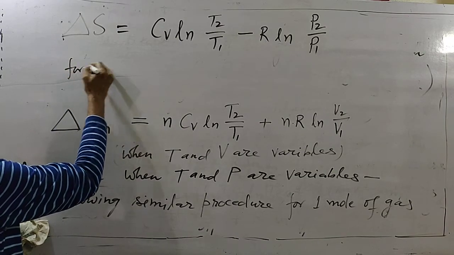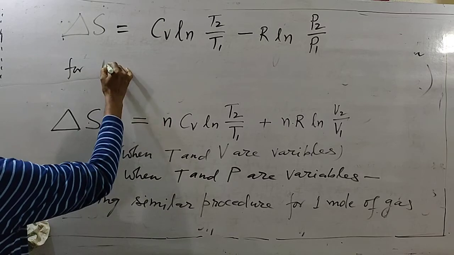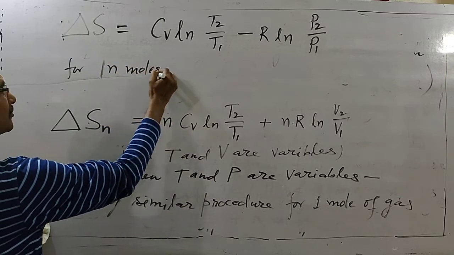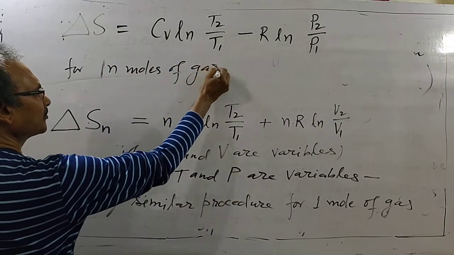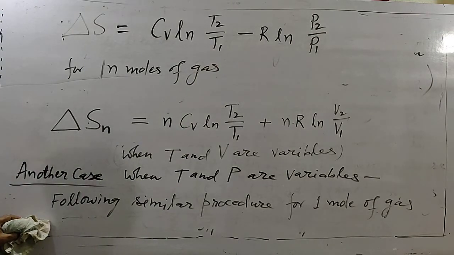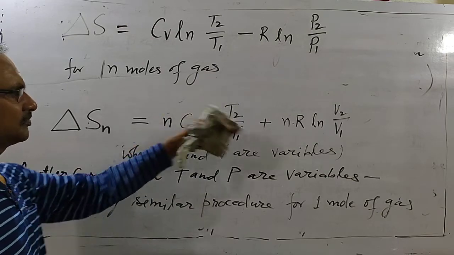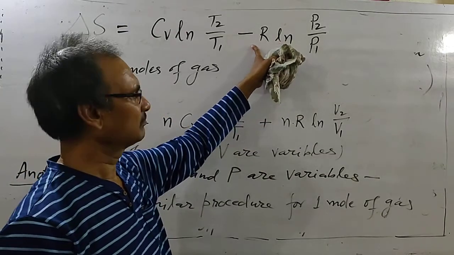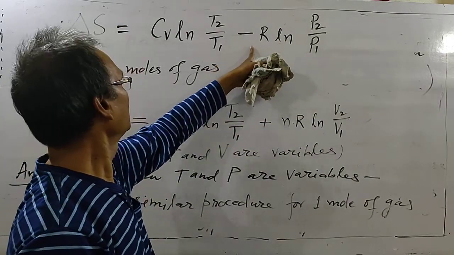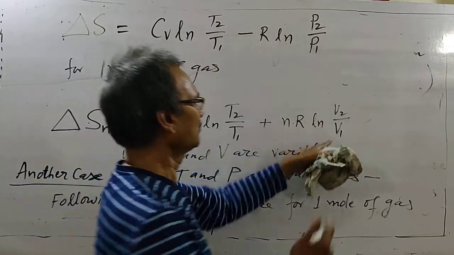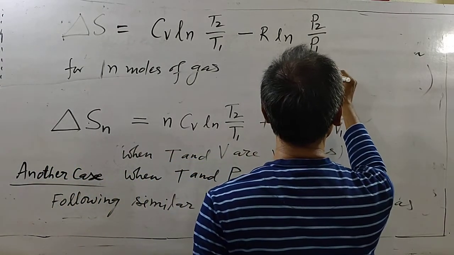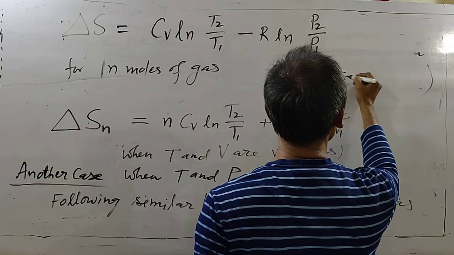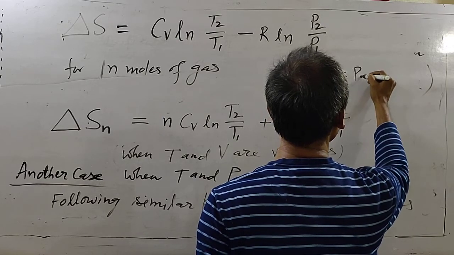Similarly, for n moles of gas, this equation comes by putting P1 V1 by P2 V2.